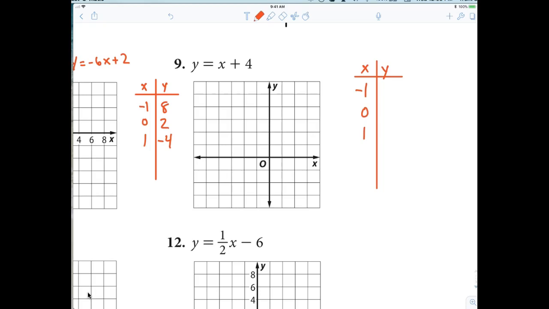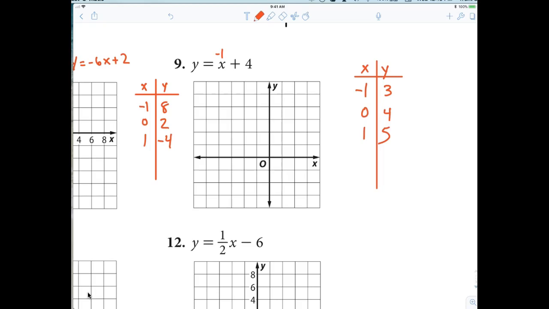How are you getting that? If I plug negative 1 in for x, what's negative 1 plus 4? 3. Yes. Now plug 0 in, what do you get? 4. Then plug 1 in. 5. Exactly. If you got that, you're in good shape as far as plugging the numbers in.